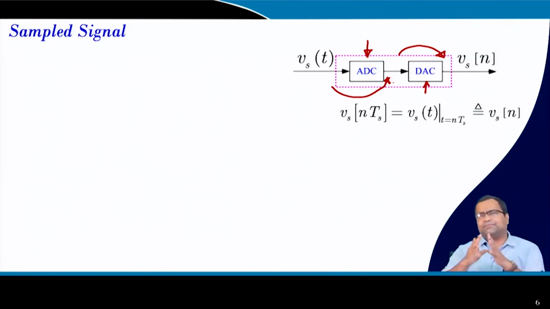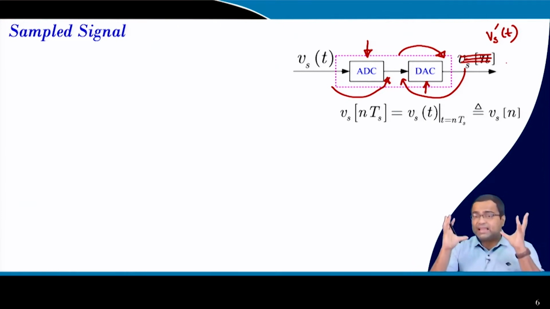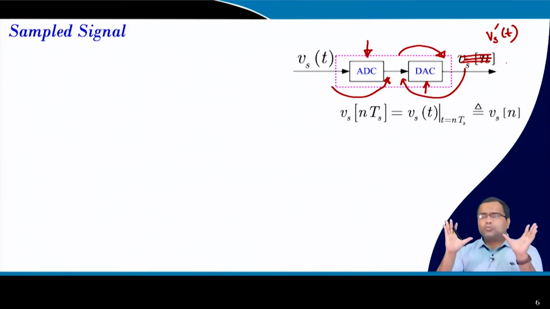If the sampling rate is very high, then the output signal, Vs dash (t), it should be in the time domain, because it is again an analog, continuous time signal. So, Vs dash (t), the output of the ADC followed by DAC, will be almost equal to Vs(t) if the sampling time is very small and the quantization resolution is very high.